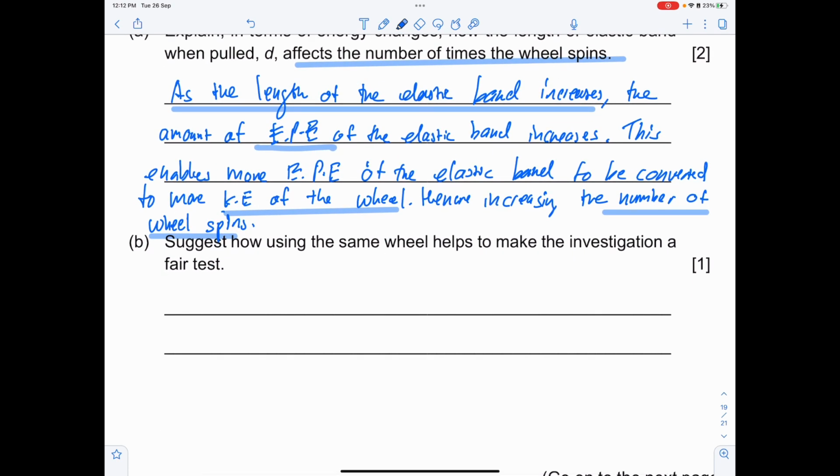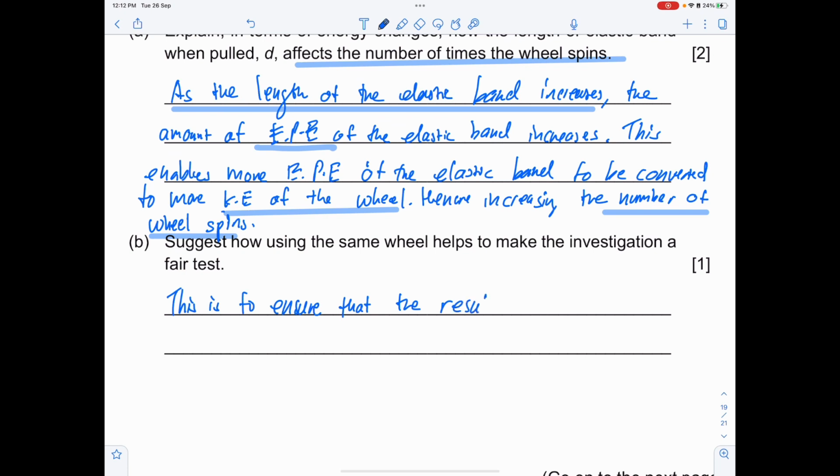Next, suggest how using the same wheel helps to make the investigation a fair test. So this is to ensure that the results, or the number of wheel spins, so we always talk about the measured variable.